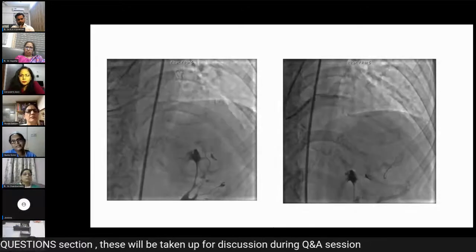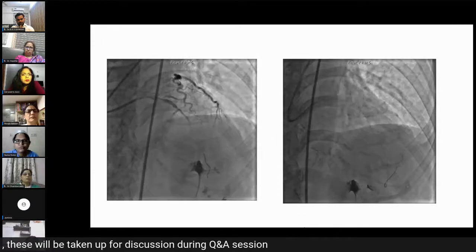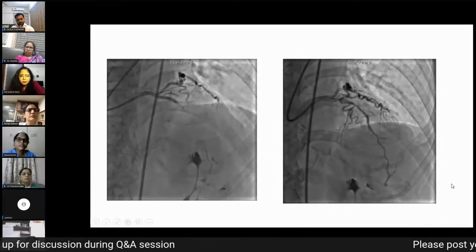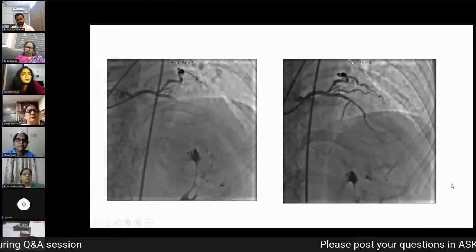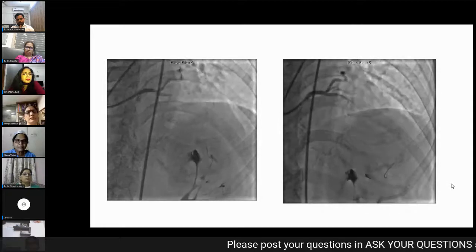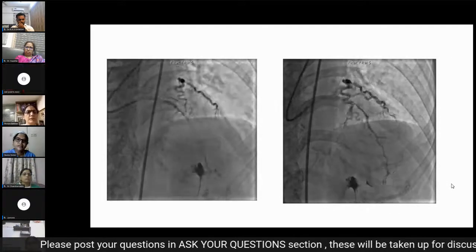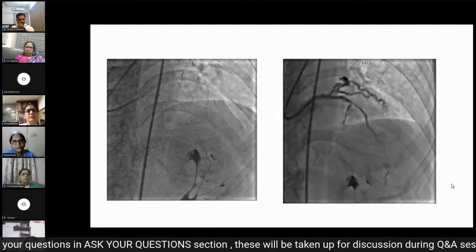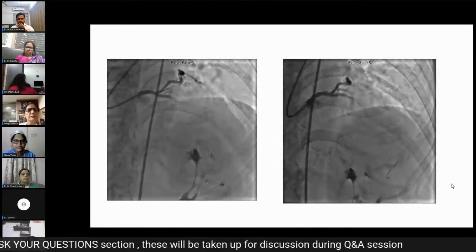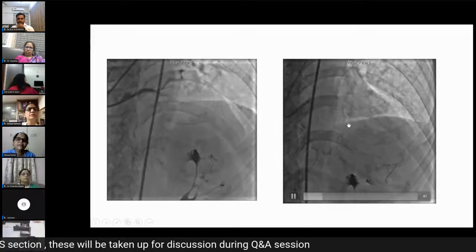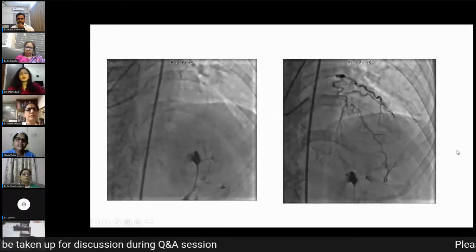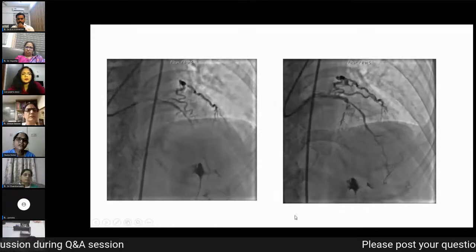Yeah. So what we usually do is we push in some Termin immediately to make sure the pressures come up. Once the pressures come up, the flows automatically become better. Then we give some intracoronary epinephrine and all that stuff. Once the pressures come up, we keep giving SNP slowly. And here my guide is well approximated.